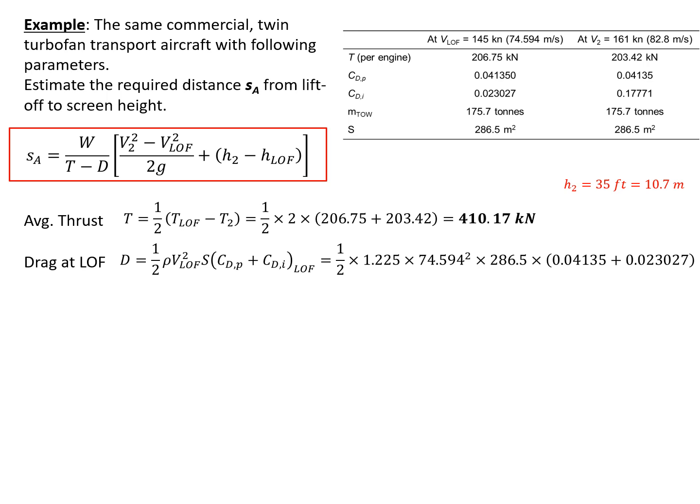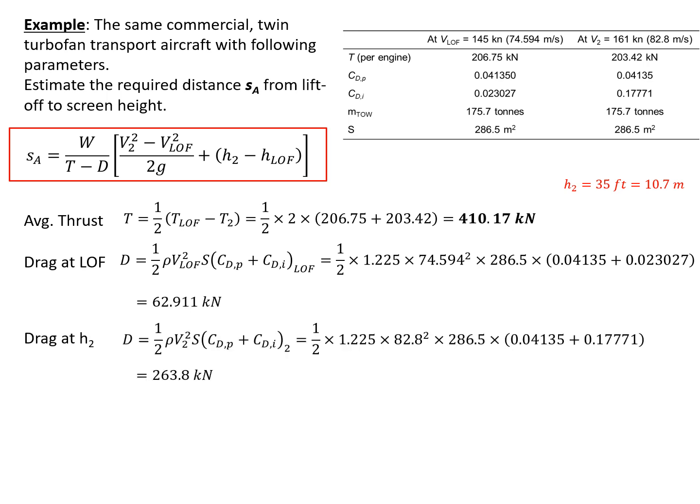And for the drag, we need to first calculate the drag at the liftoff. Since the drag has two components, the parasitic drag and induced drag, we need to add them together. Because of the drag coefficient, we need to multiply by half rho v square, and the velocity should use the liftoff speed. And the same for the drag at screen height. So we need to use V2 and also the CDP and the CDI at screen height.